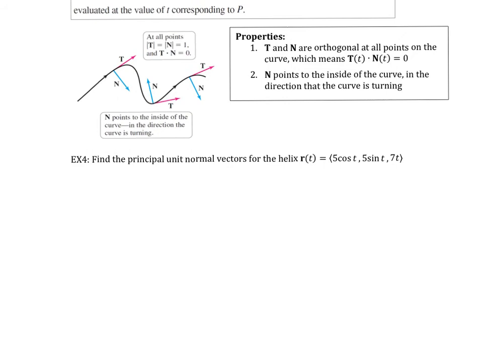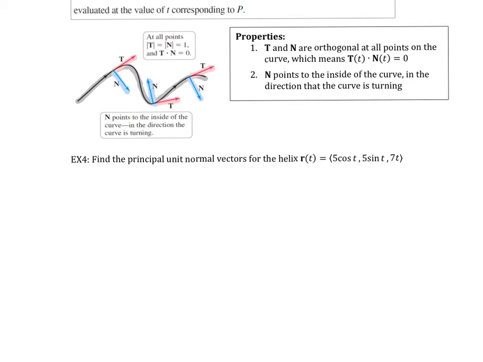Let's look at this diagram here. So first of all, we have this curve, and notice the direction that this curve is generated in is kind of left to right. So at any point on this curve, the tangent vector is going to be going in the same direction that the curve is generated in, and it's measuring curvature. So the normal vector is perpendicular or orthogonal to our tangent vector at any point.